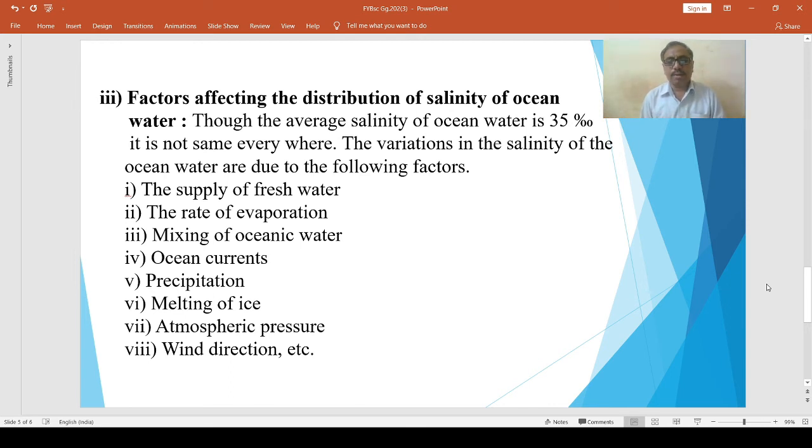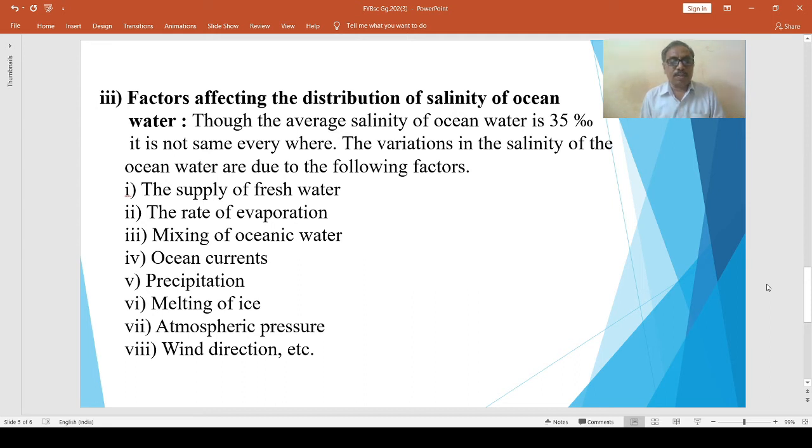of ocean water. In case of inland seas and lakes, mixing of water does not take place. Hence, the highest salinity is found in such water bodies. For example, the Dead Sea is the saltiest sea.